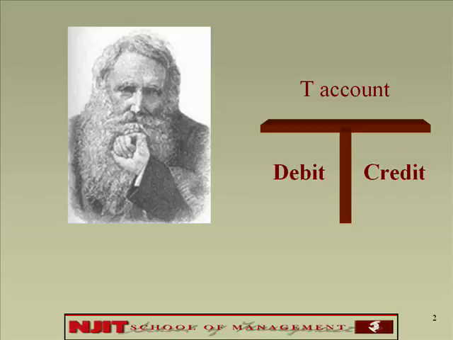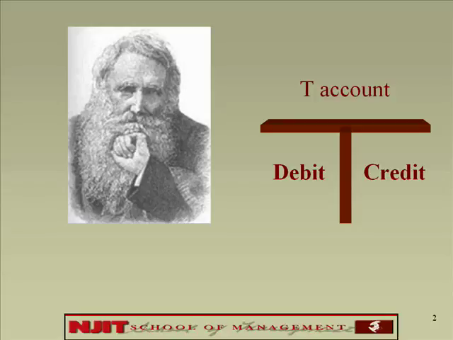Debit simply means left side in the language of Luca Pacioli. The right side of a T account is called credit. Credit simply means right in the language of Luca Pacioli.